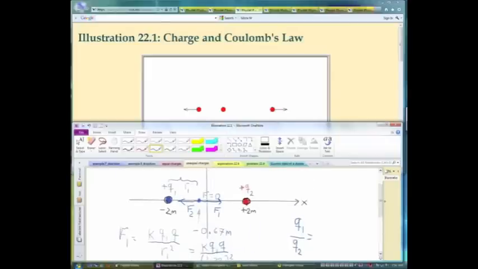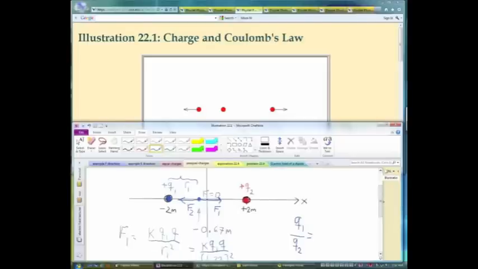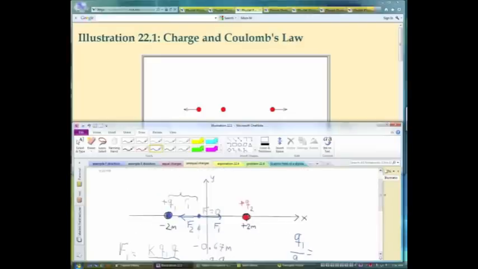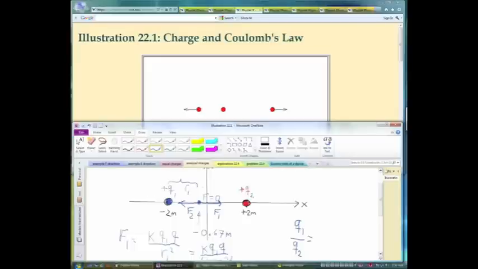Well, if the zero force point is minus 0.67 to the left of the origin, then the distance is going to be 2.67, right? So the distance here is 2.67, and that goes squared. 2.67 is this distance. That's R2 equal 2.67. This was 1.33.